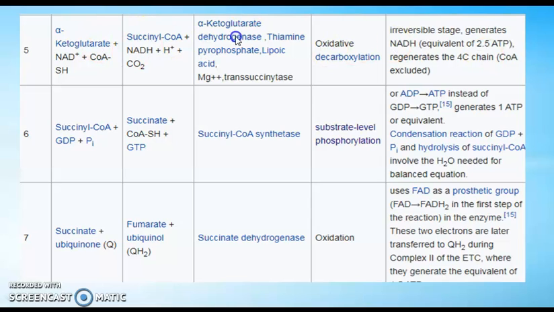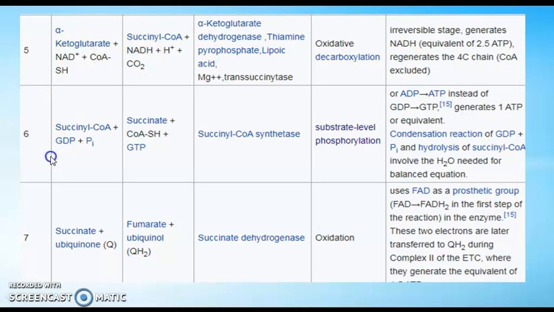Again, because of the dehydrogenase enzyme, it transfers electrons to NAD+, forming NADH plus H plus and CO2. Here oxidative decarboxylation takes place, and this step is also irreversible. NADH is generated along with succinyl-CoA. It regenerates the 4-carbon chain.